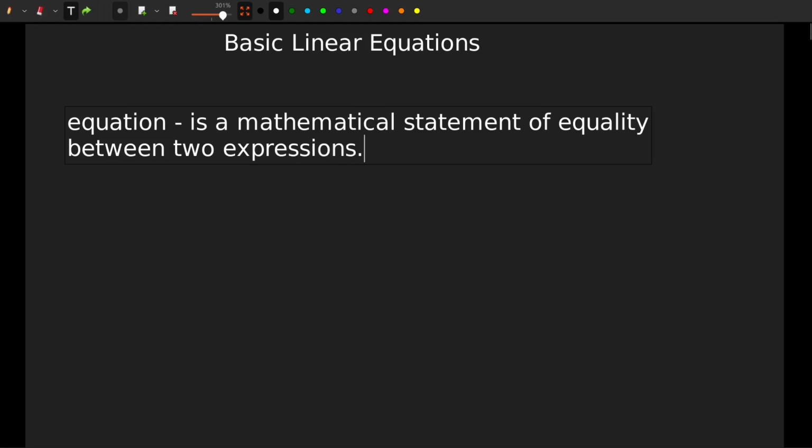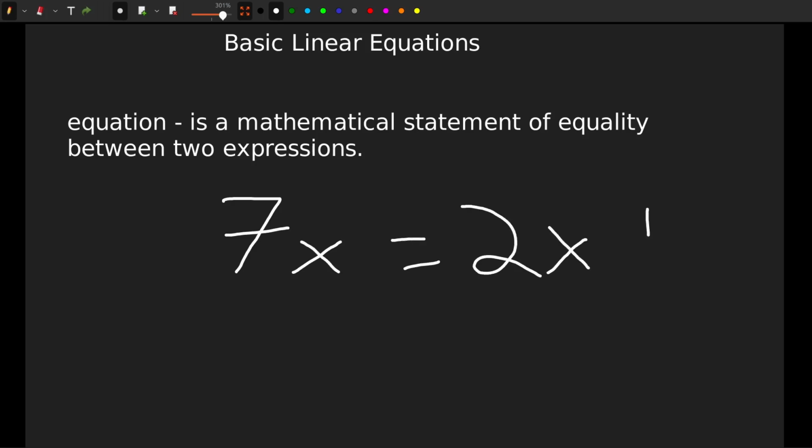Okay. Now, a simple example of what we mean by that is one basic equation: 7x is equal to 2x plus 6. That is a basic equation in mathematics.